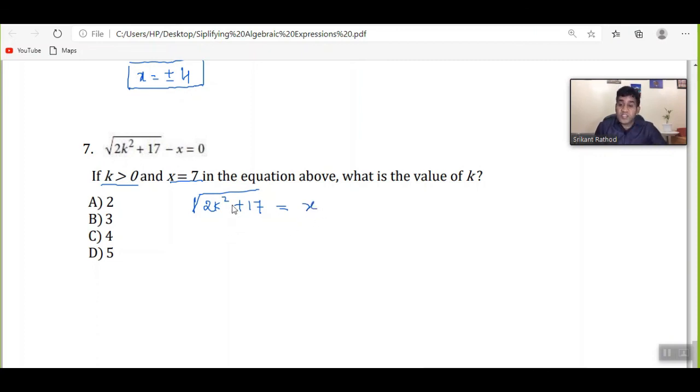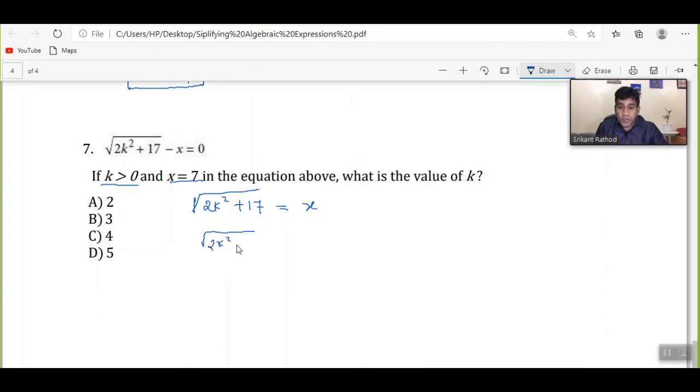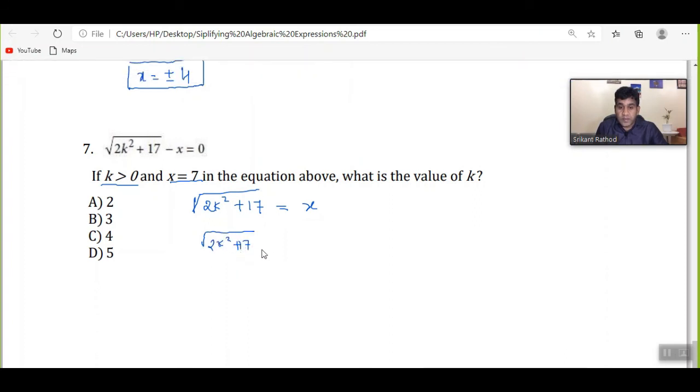Now you can square on both sides, or before that you can substitute the value of x, that is 7.